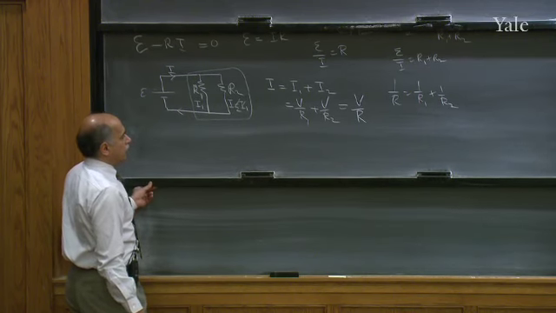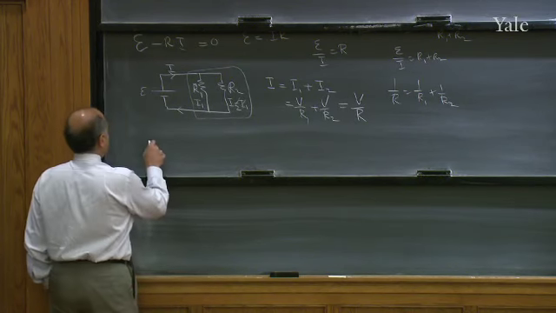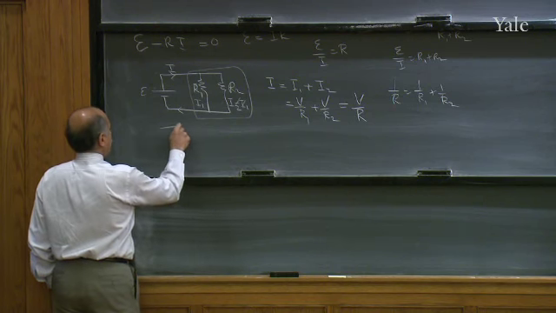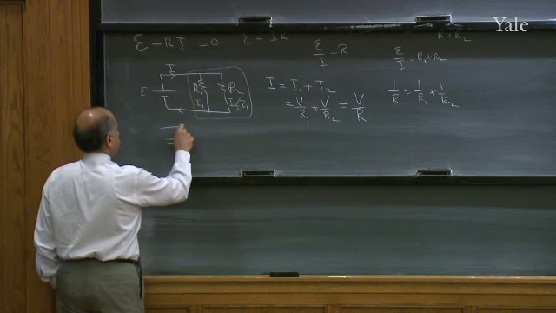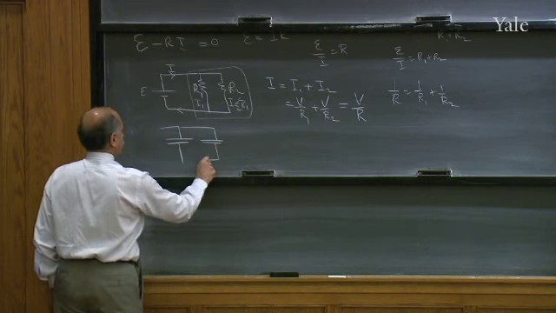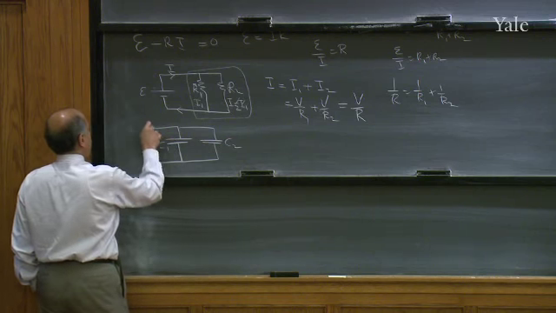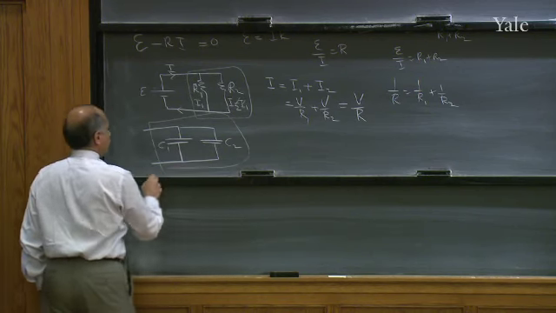We might as well deal with one other circuit element, which is the capacitor. So suppose someone takes two capacitors. This guy is C1, this guy is C2, puts them in a black box and says, tell me what's inside.